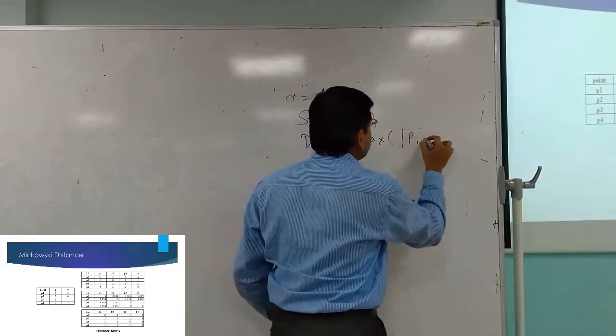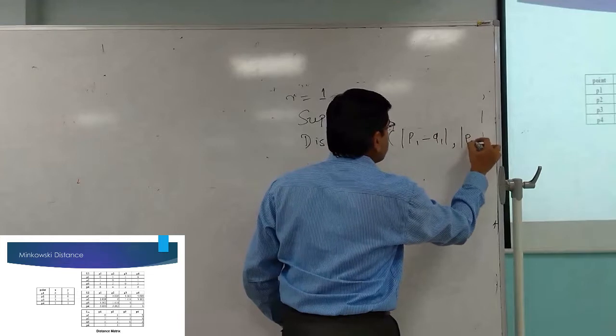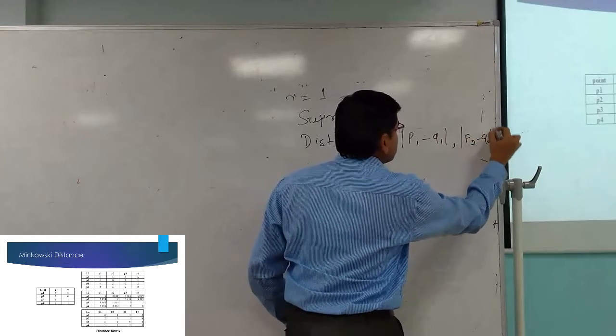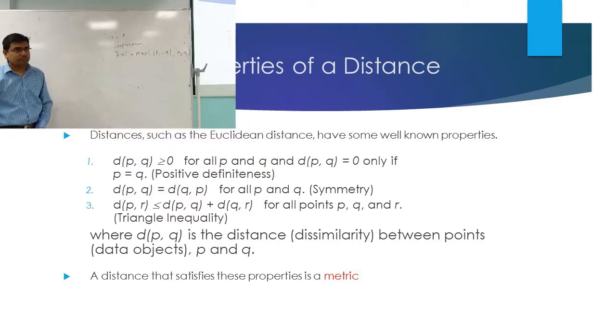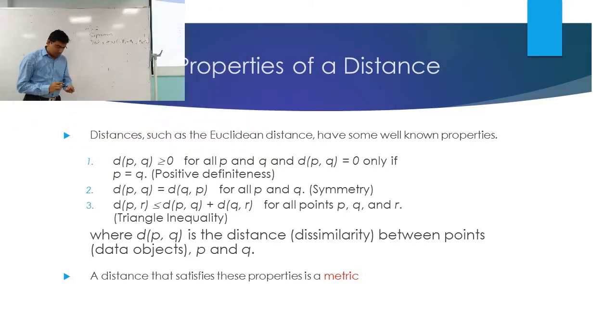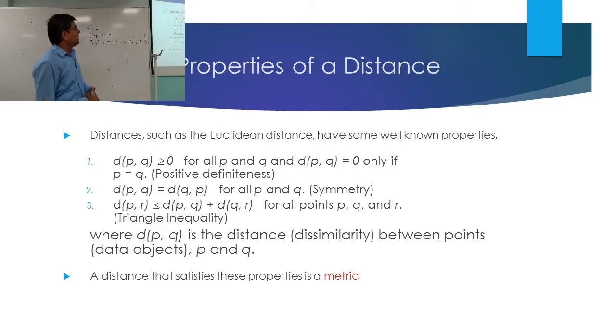If there are two attributes only, whichever difference is the maximum, you have to select that as the distance. That's what you do in terms of supremum. So these are the different ways of finding similarity or dissimilarity values.